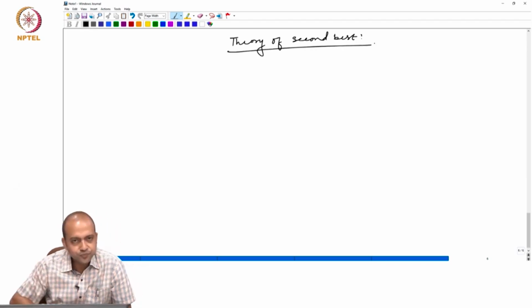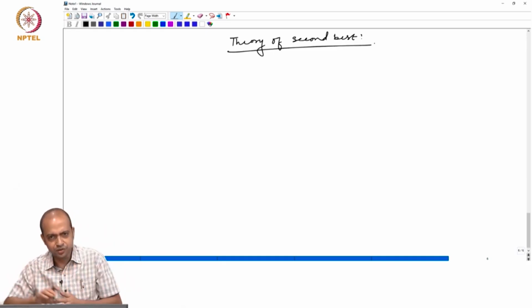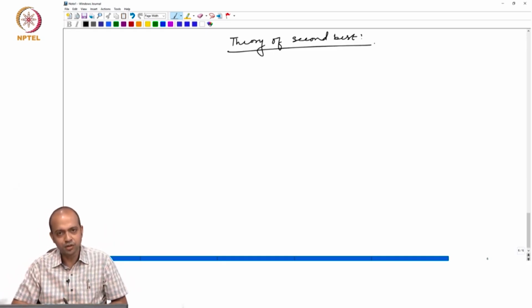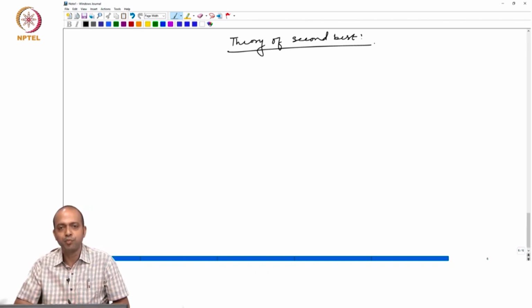What it suggests, when there are many distortions in the economy, that means when the labor market is distorted, goods market is distorted, it does not generate more well-being when we correct only one type of market failures.